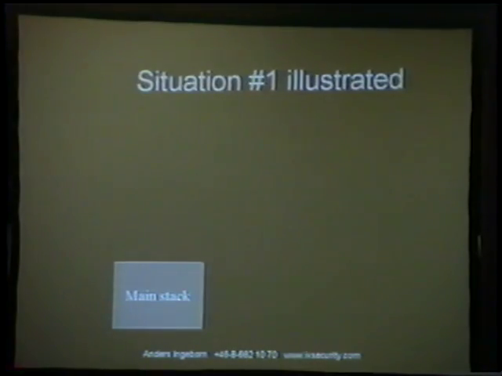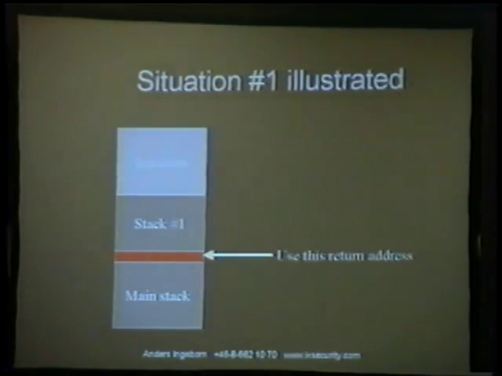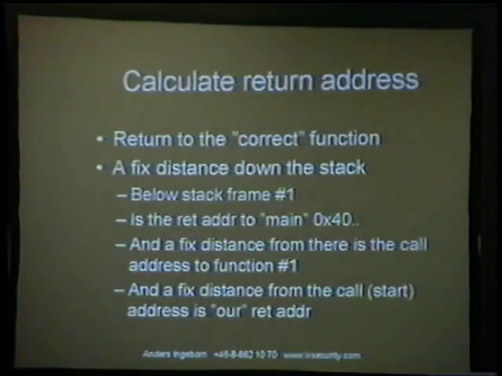I made an illustration of this too, of course. Here's the first function call, here's the second, here's the overrun. And when the attacker has finished, maybe you can use this return address. Just pop another stack frame and return back to main.